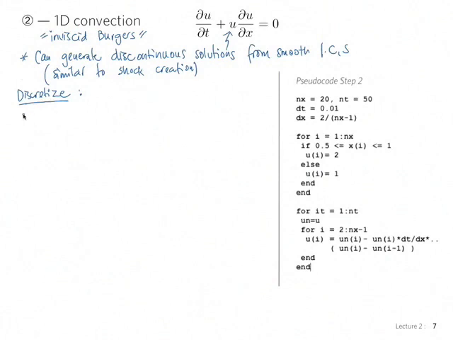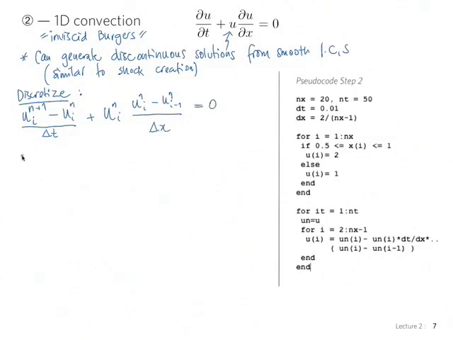So we write this forward in time: u at the next time step, which is n plus 1, at a particular point i, minus u at time n, divided by delta t, and plus, the only difference, we don't have c here anymore, now we have u. So we have u at time n point i multiplied by u, and we're going to use backward difference, so it's u n i minus u n i minus 1 divided by delta x, is equal to 0.